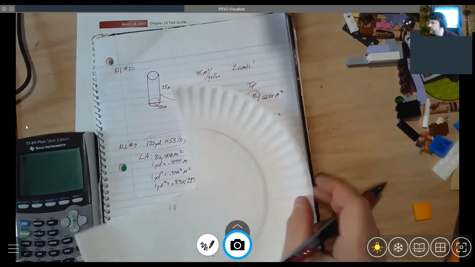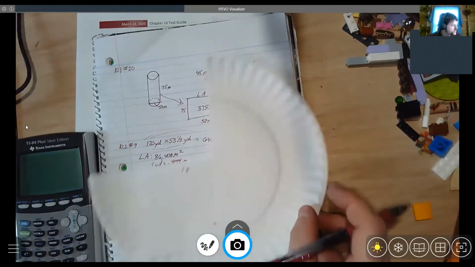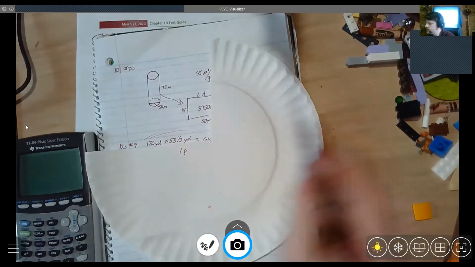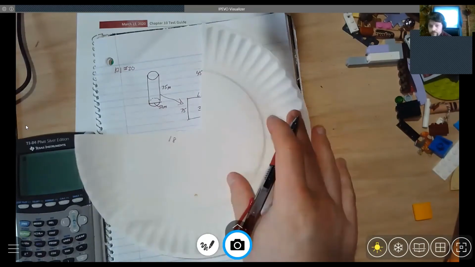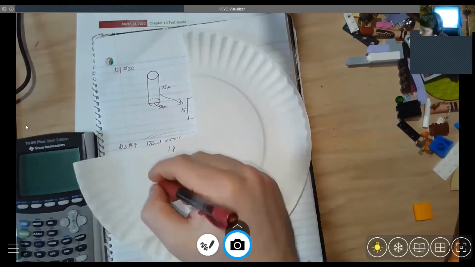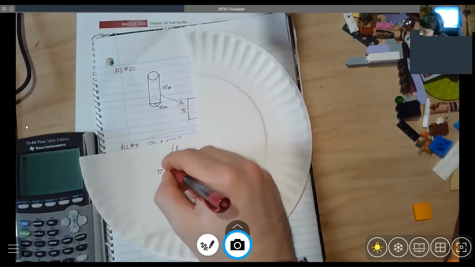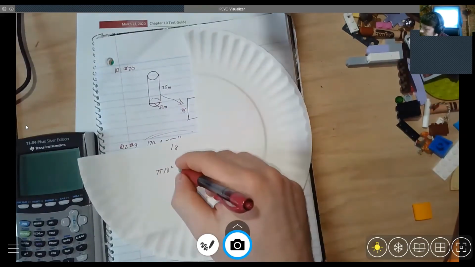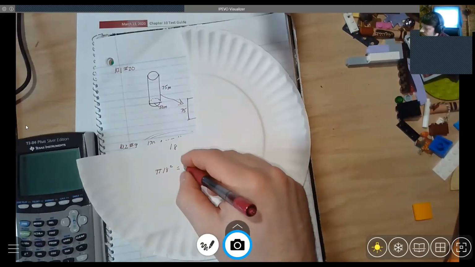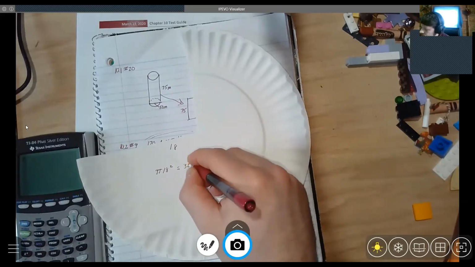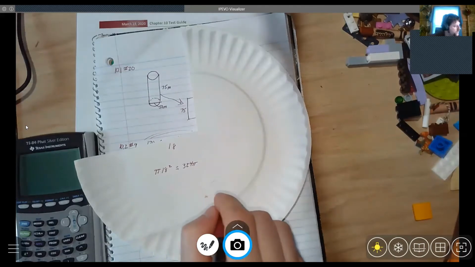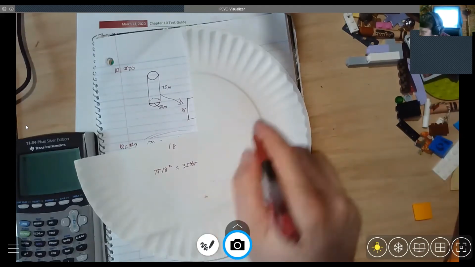The shaded region is a picture in the book, but the shaded region is basically this whole piece here. Find this area. We can find the area of the whole circle, because if the circle was whole, then it would be pi 18 squared, which is 324 pi. But we are missing this 90 degrees.